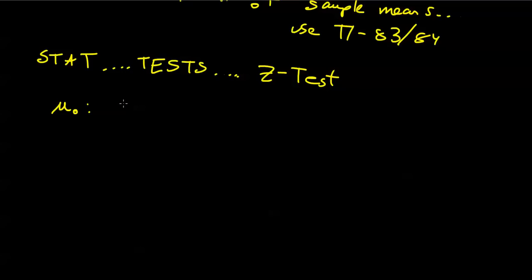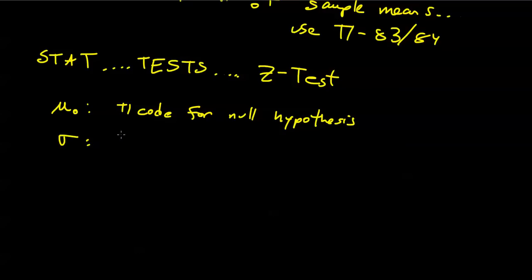Mu sub 0, again, that's the TI code for your null hypothesis statement, much like it was in section 8.3.